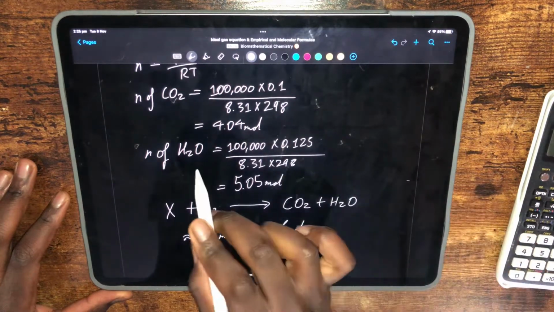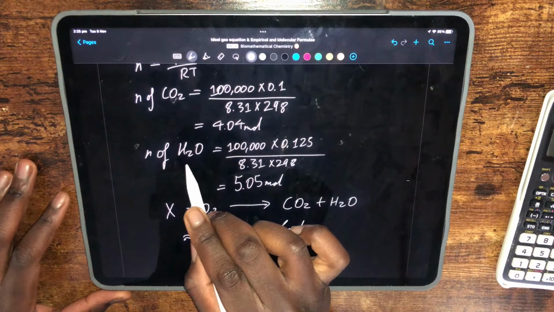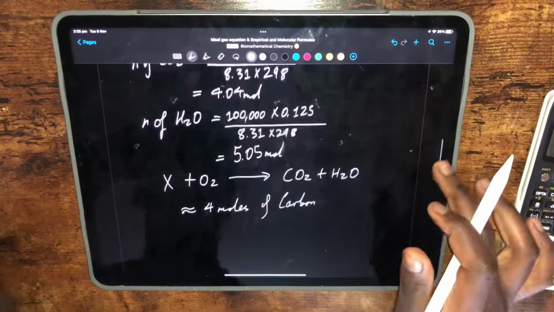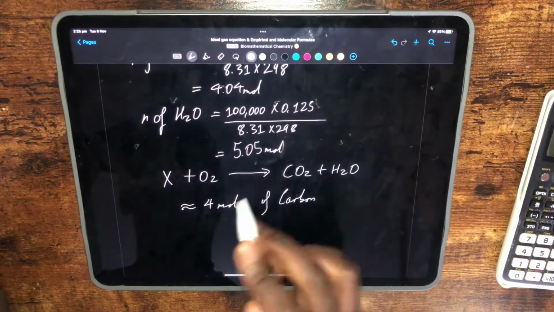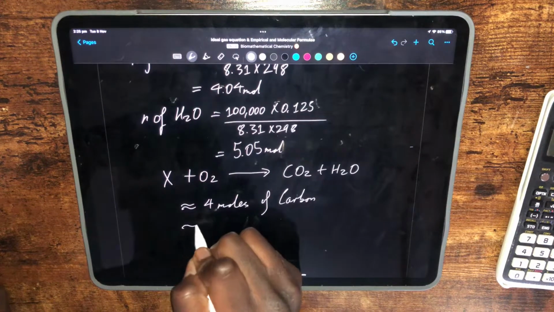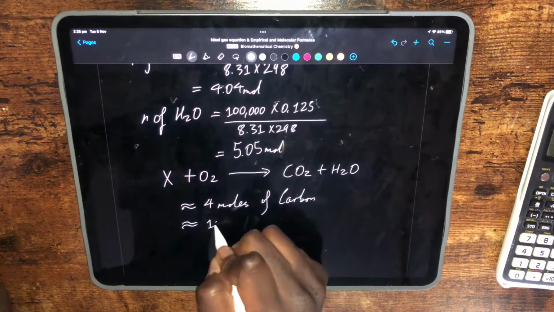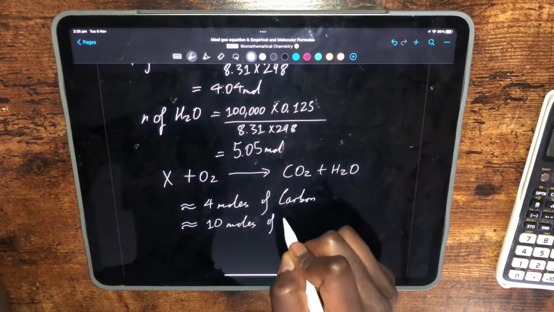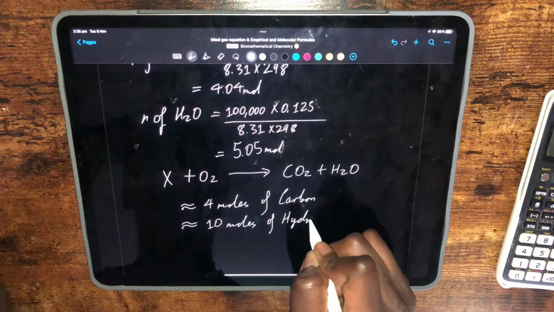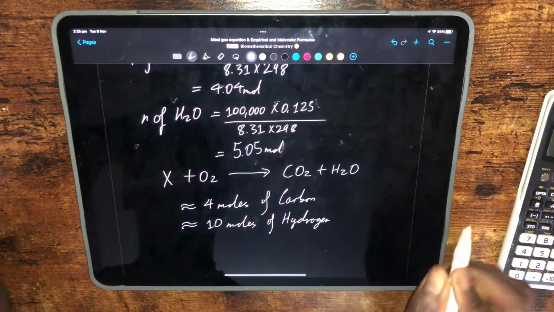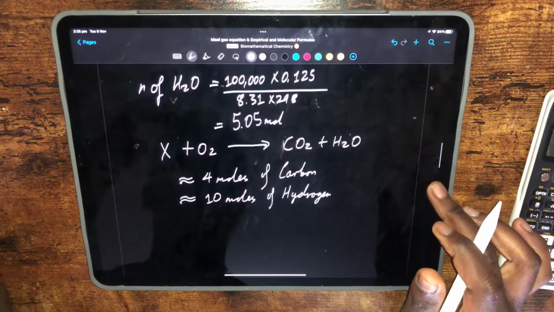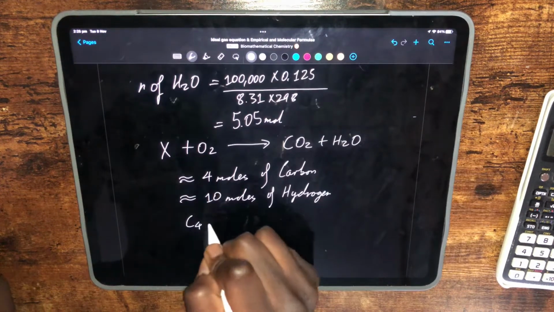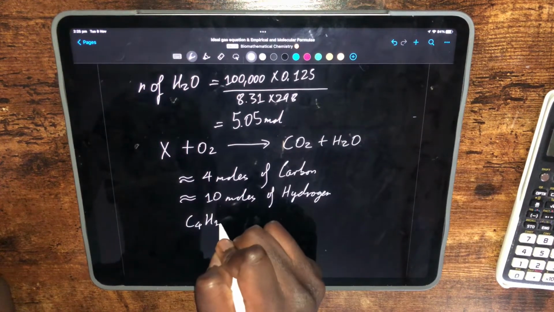There are 2 hydrogens per water molecule, so there's double that. There are 5 moles of H2O, therefore there are approximately 10 moles of hydrogen. Therefore, our alkane is C4H10, which is butane.